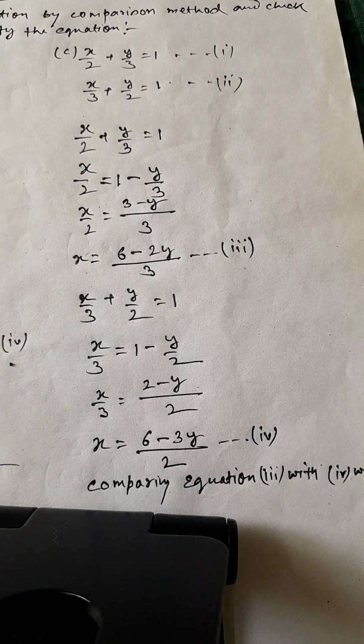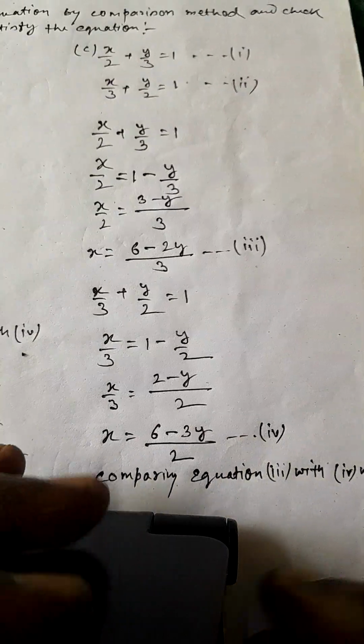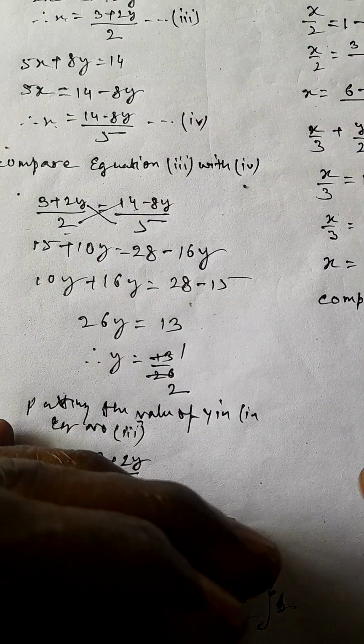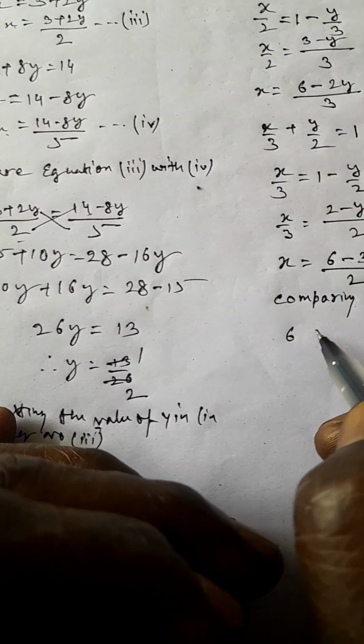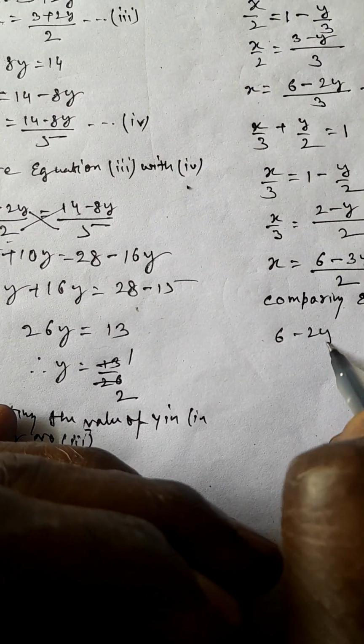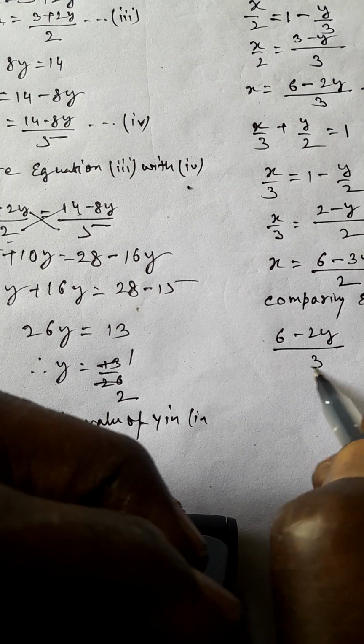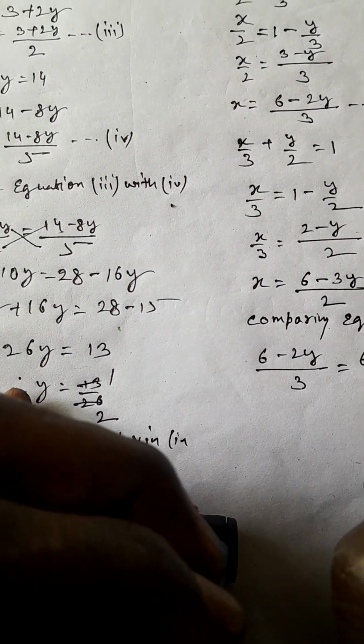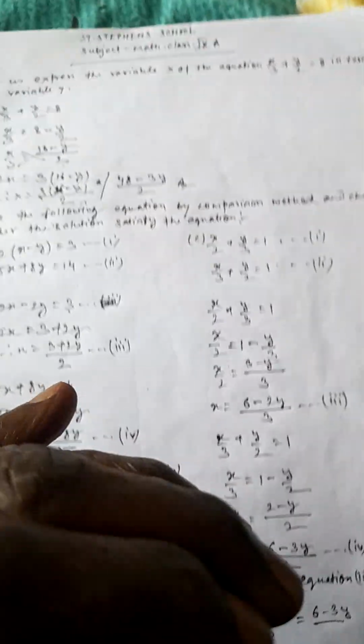We will get the value of x, that is x equals 6 minus 2y by 3 equals 6 minus 3y divided by 2.